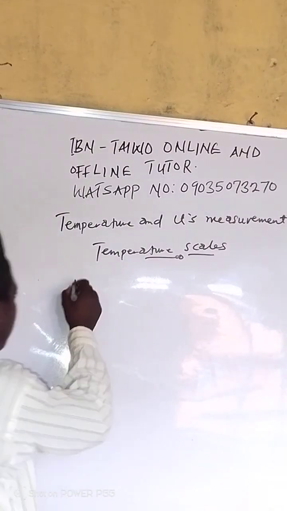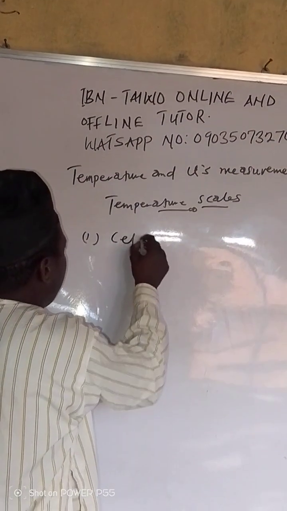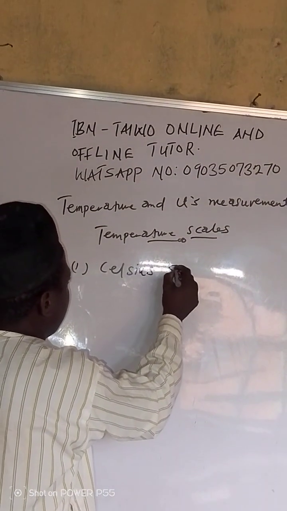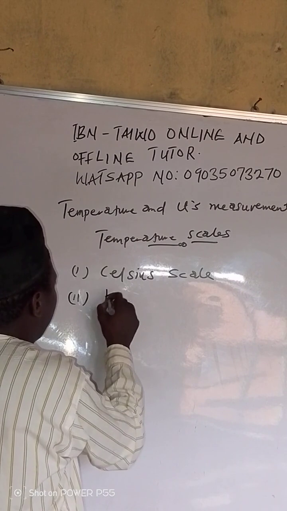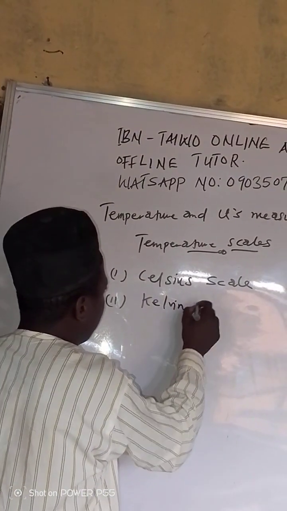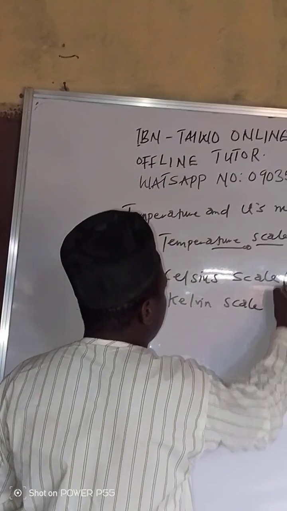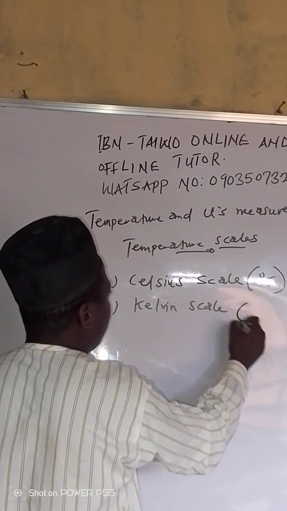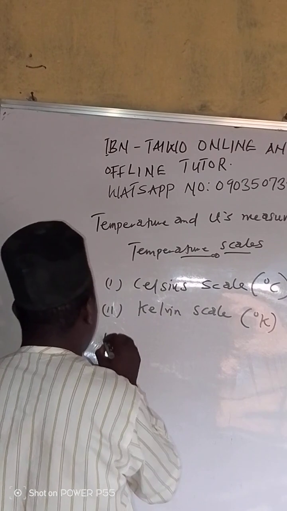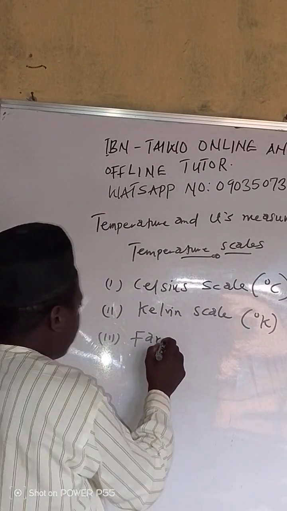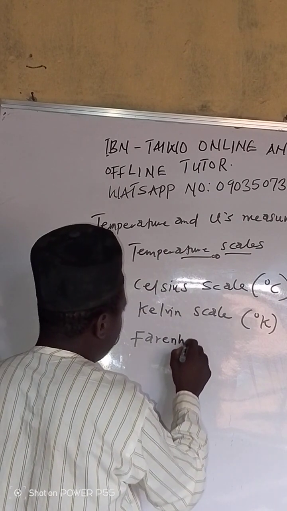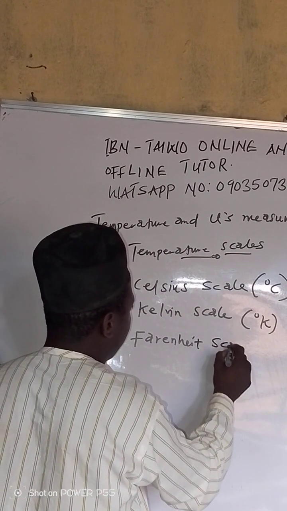The first one is the Celsius scale. Then we have the Kelvin scale. Then we have the third one, which is the Fahrenheit scale.